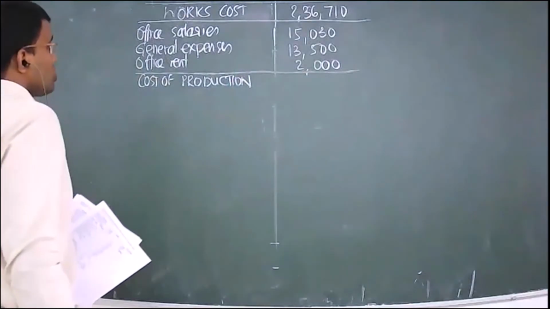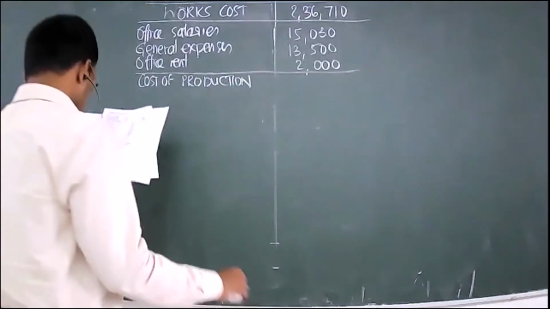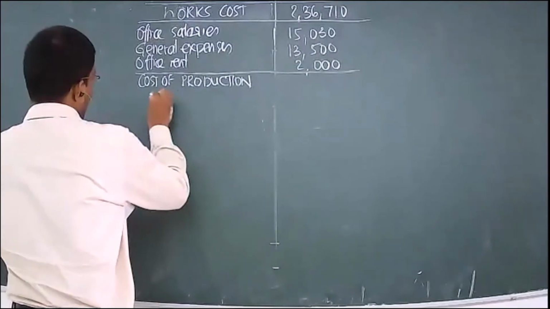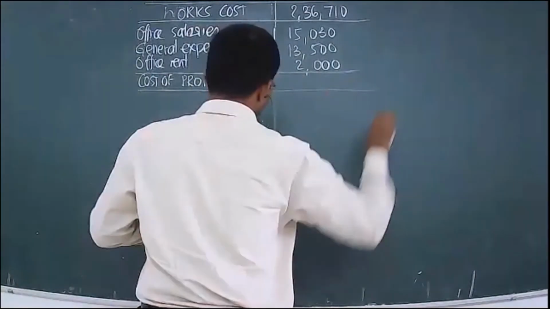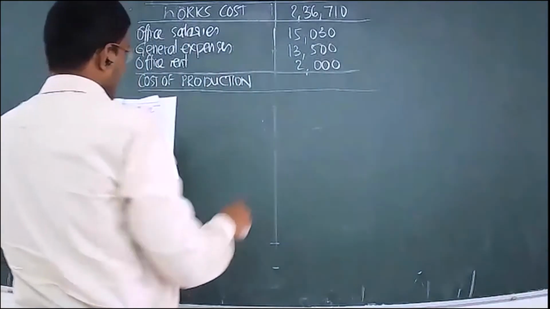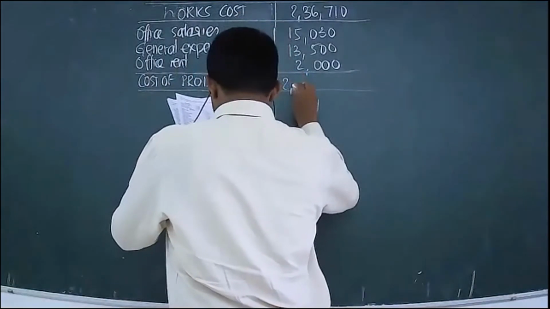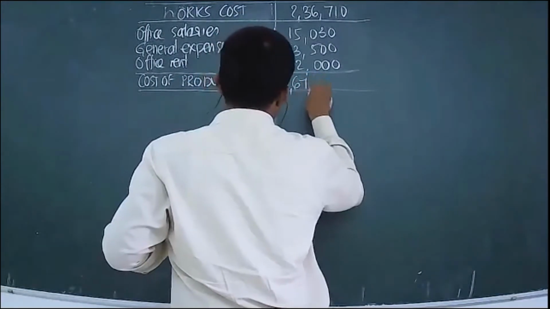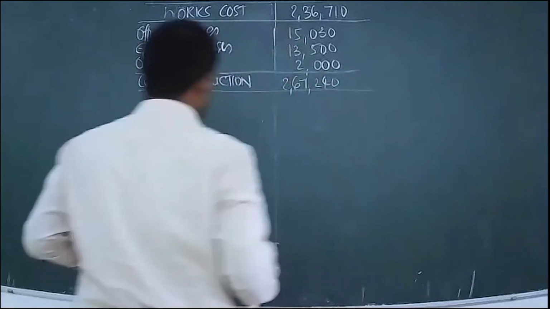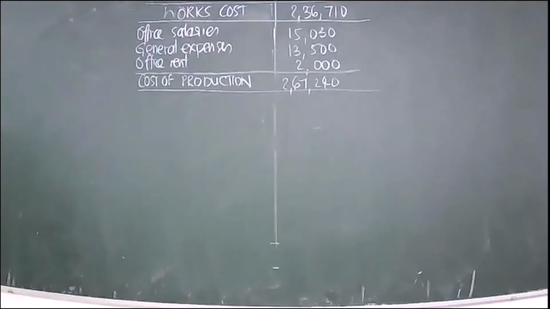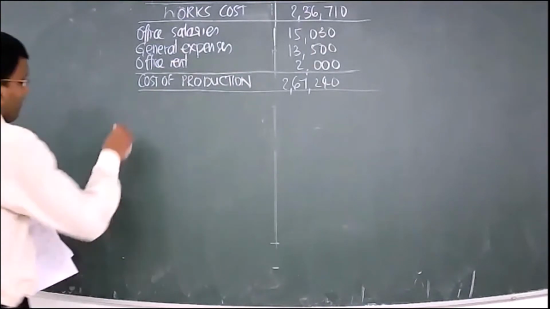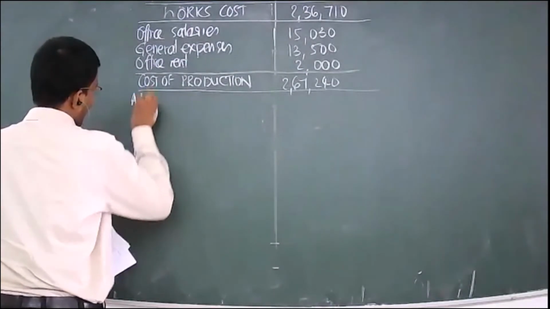Cost of production is your factory cost plus your office and administration overhead. This item is calculated especially where the levels of finished goods have been reported to us.